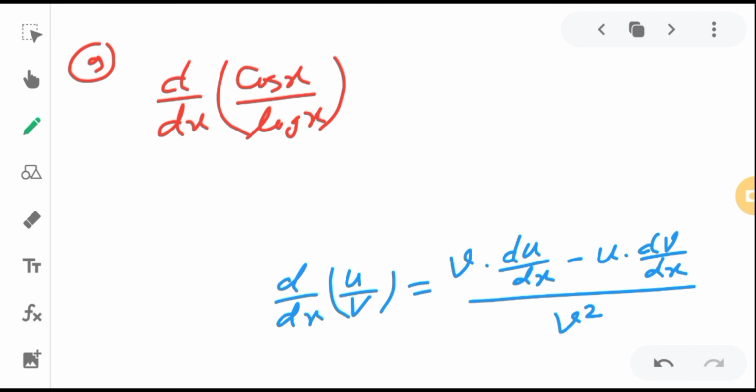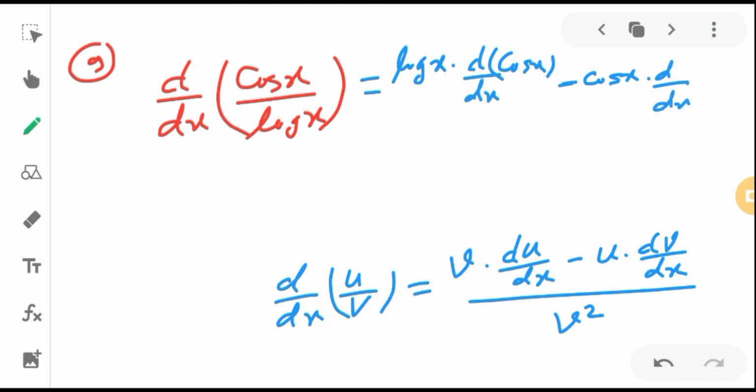By using this formula I will write: first the denominator as it is, log x, into the derivative of u, that is the derivative of cos x, minus cos x as it is into the derivative of the denominator, that is the derivative of log x, divided by v square.